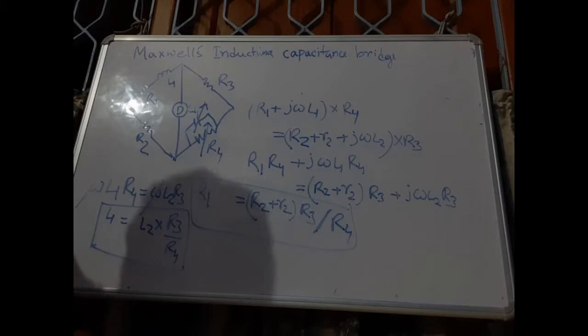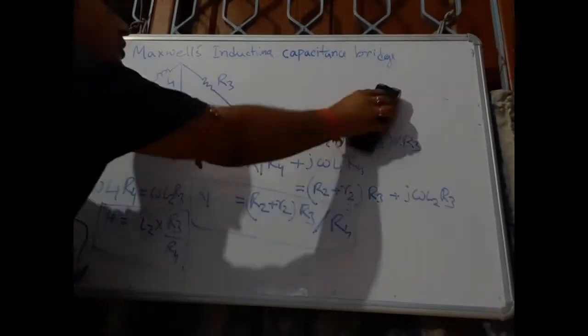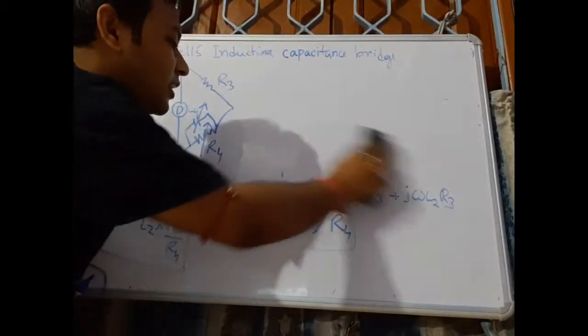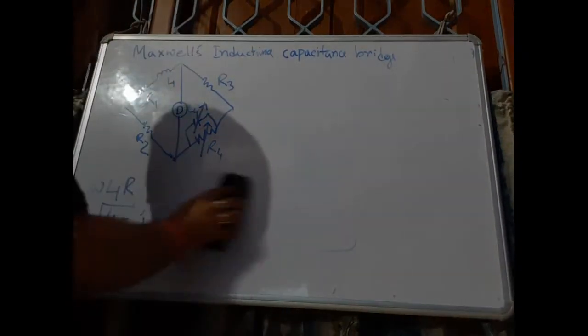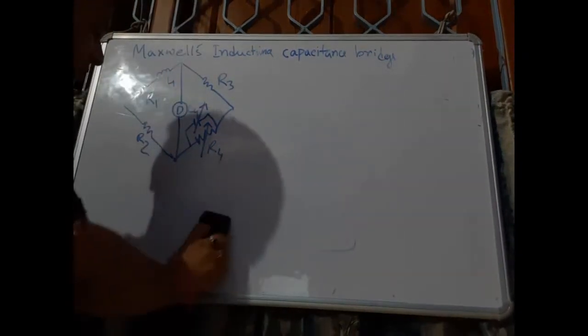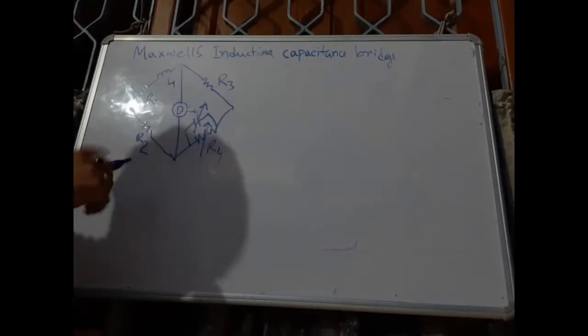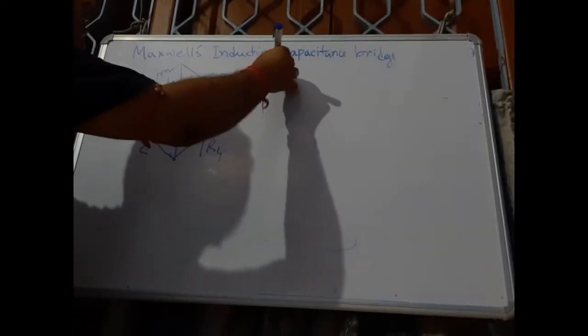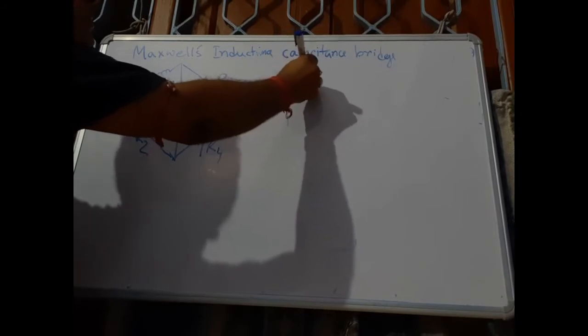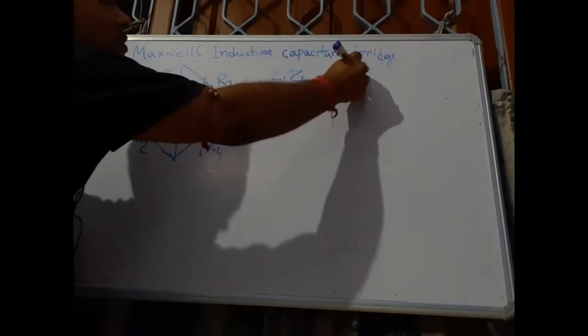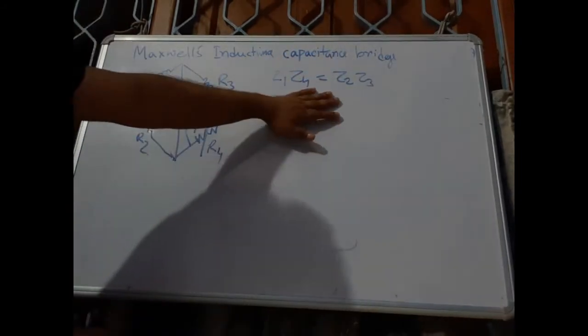Now if I do the same type of calculation, let me do the calculation first. We have Z1 Z4 equals Z2 Z3. This is the standard equation.